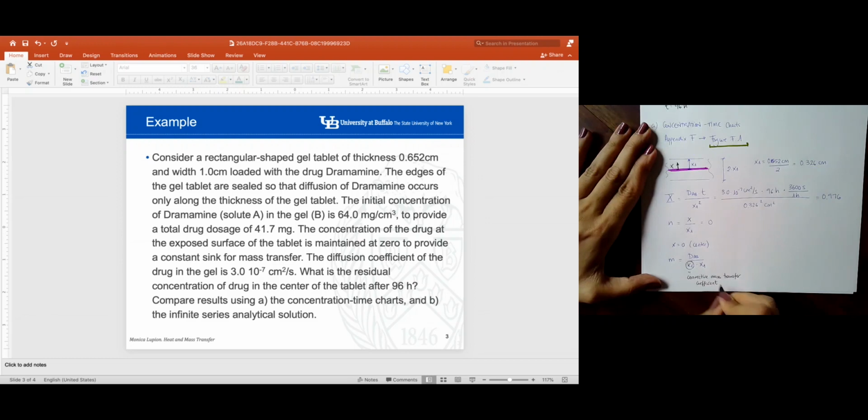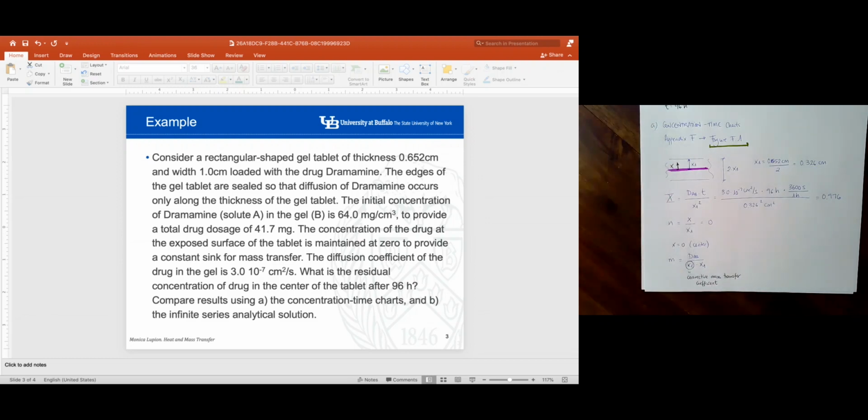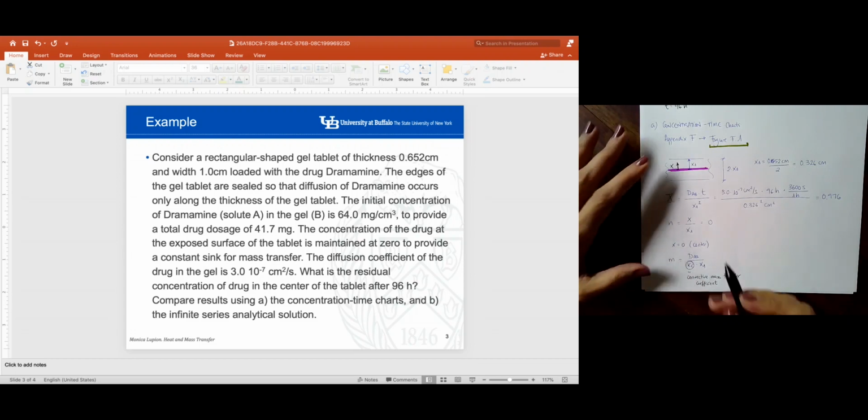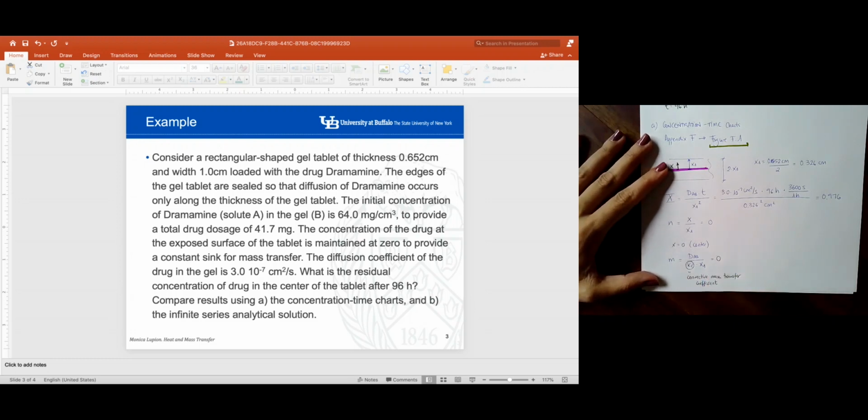Okay, so if we don't have enough information to calculate this convective mass transfer coefficient, we can assume that the impact of this parameter won't be very significant, and therefore we can assume that this is equal to 0. So this is an assumption.